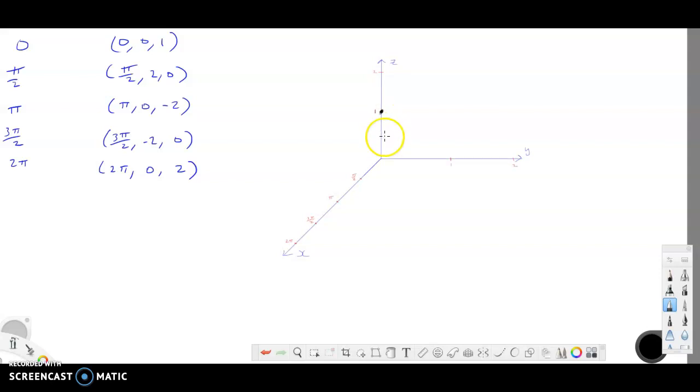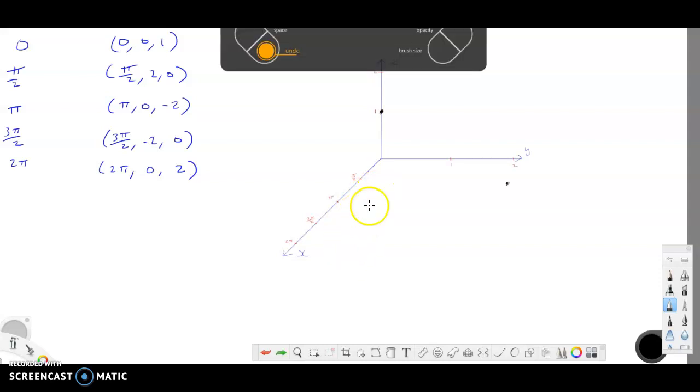With time equals pi over 2, we're pi over 2 out on the x-axis. Then we're 2 on the y-axis, so we're going out as far as here on the y-axis, and we're 0 on the z-axis, so we're not going up or down, so our point is out here. You can imagine we're traveling along this x-axis in time.